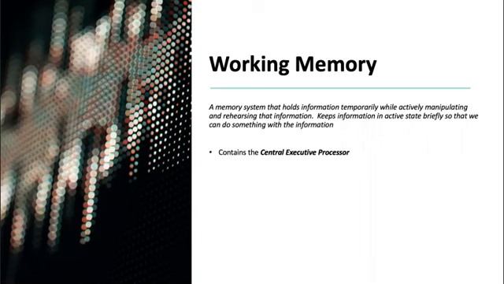Of all that sensory information that's coming in, what are you actually going to pay attention to? And it also determines what information you're going to ignore. Okay, so that there is some information that you don't need to transfer to your long term memory. So the central executive processor determines what information is important to remember and what's not.